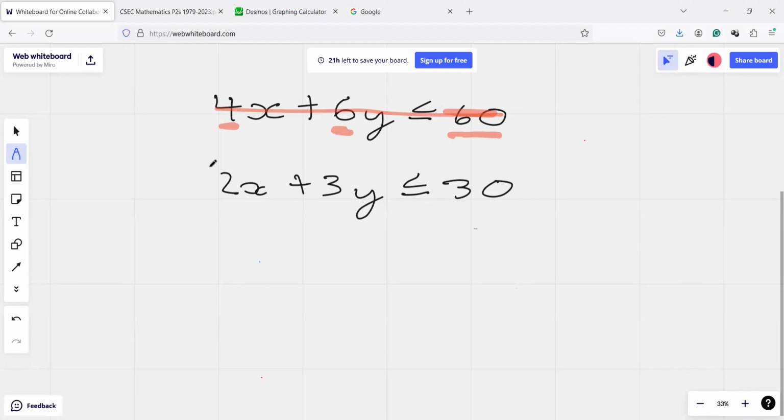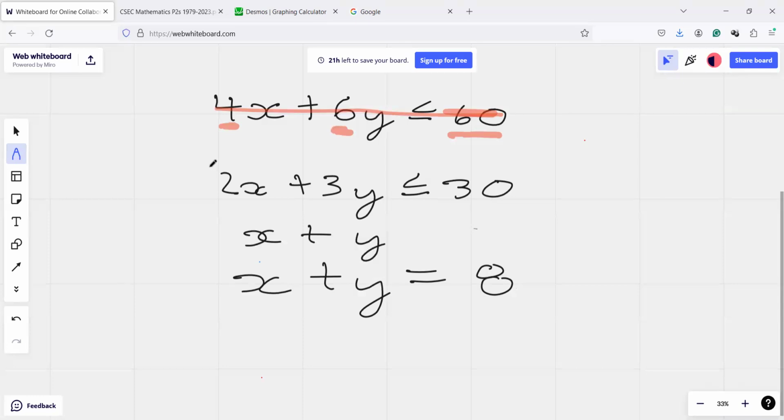They said x plus y greater than or equal to 8. Let us pretend for a moment that instead of the inequality, we have the equal sign.